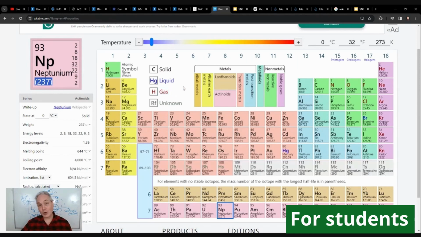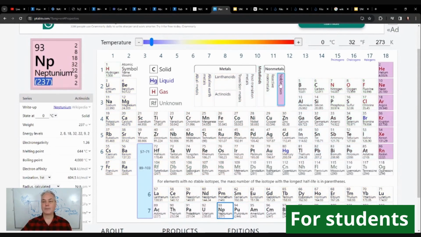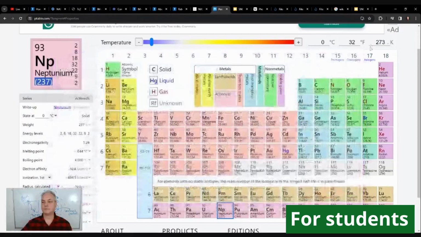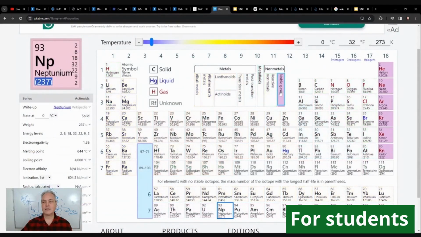Now, the other part that works very well is what we call different groups. If you look at the periodic table, we have group 1, which is the first column. We have group 2 and group 3. And if you go here, we have group 15, group 16, 17, 18. So the groups are the vertical lines. And you notice with colors, we have, for example, the noble gases right here, they have their own purple column.